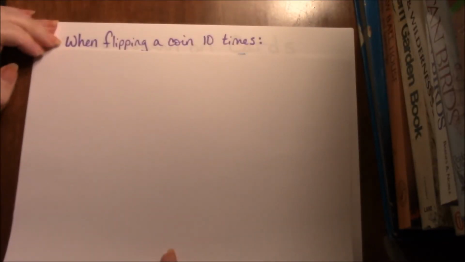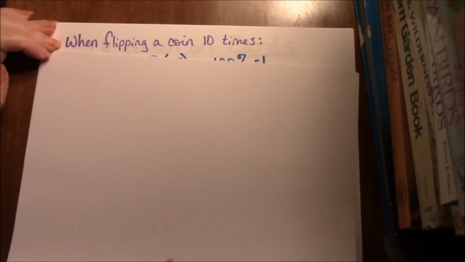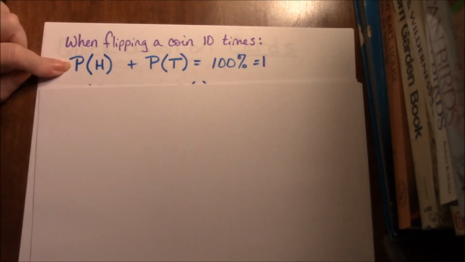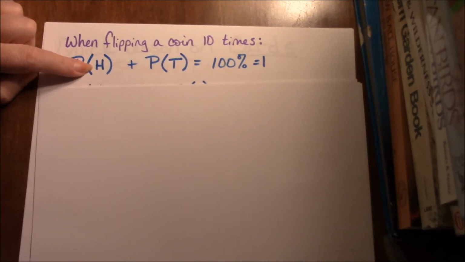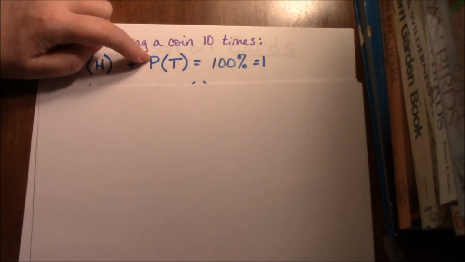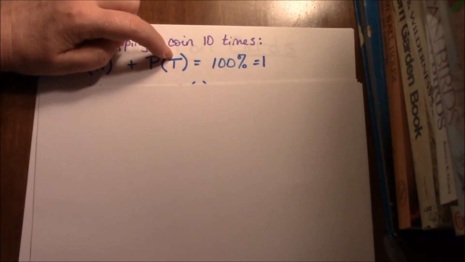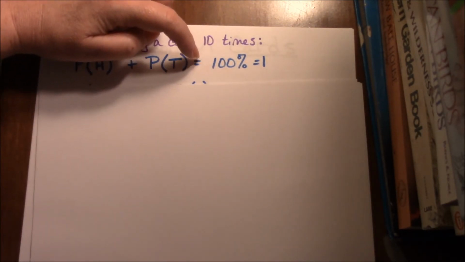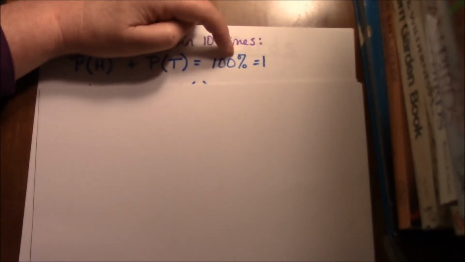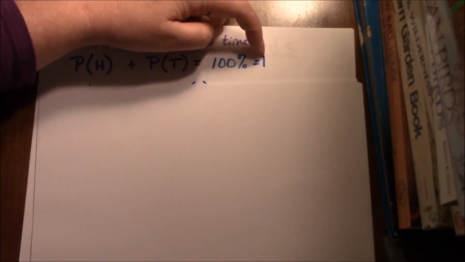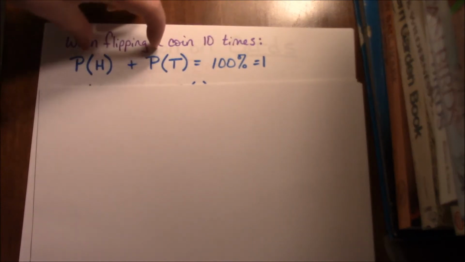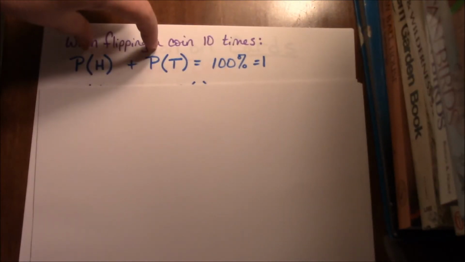So let's talk a little bit of math now. When flipping a coin 10 times, the probability that you will flip a heads plus the probability that you will flip a tail equals 100%, and that equals 1. This is how you write this, the short way.